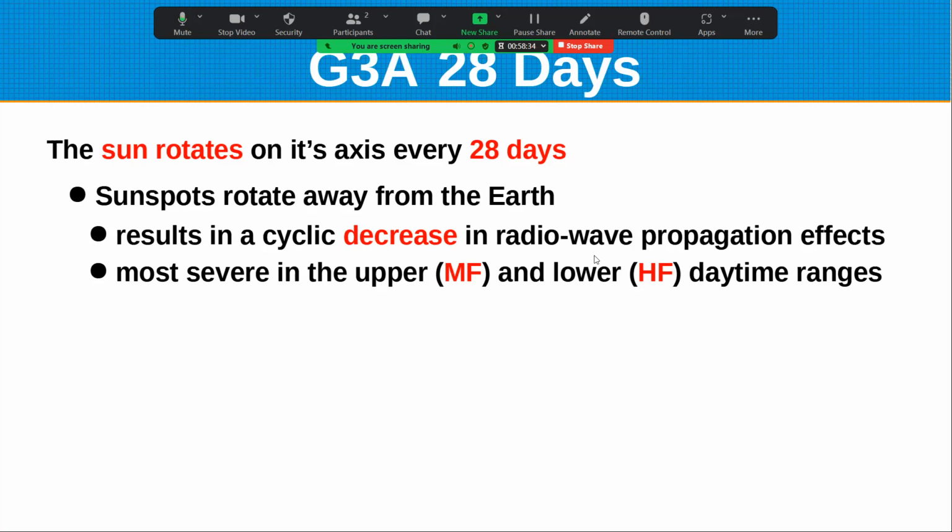It's maximum when they're directly on. Because of that, you see a cyclic increase and decrease in the propagation effect, and it's most severe in the upper medium frequency and lower HF ranges during the daytime.